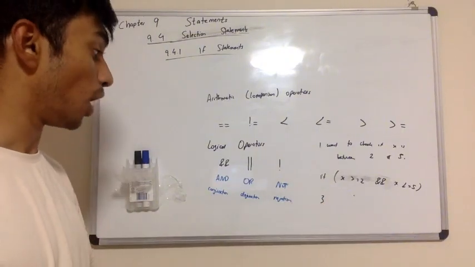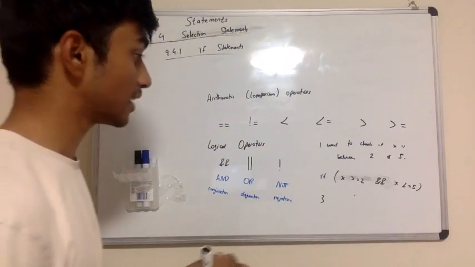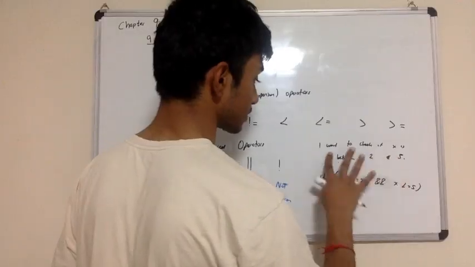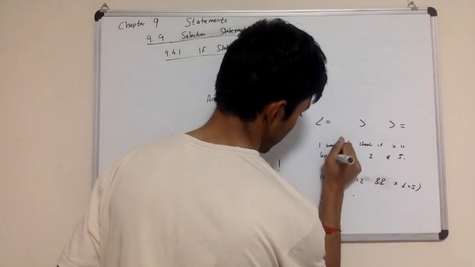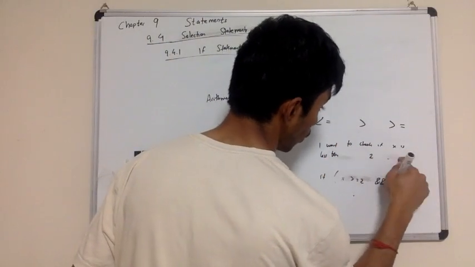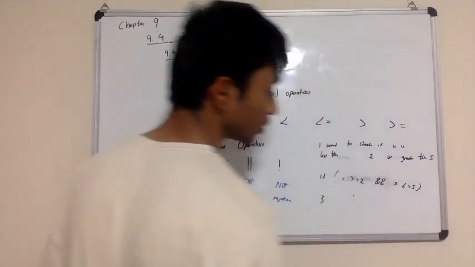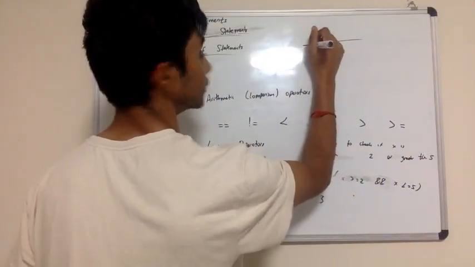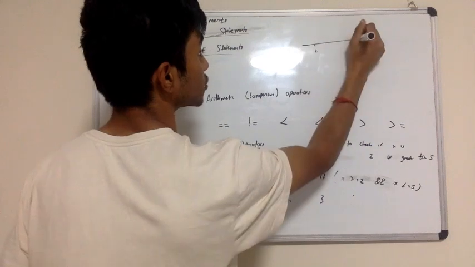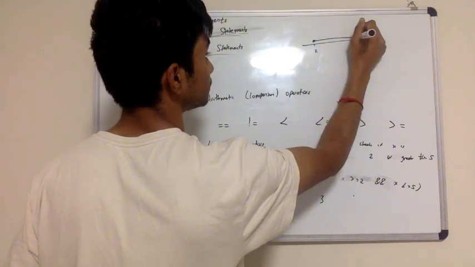Looking at the OR operator, let's say I want to check if x is less than 2 or greater than 5, right? So like before, if I have an underline, that's fine. Before I was checking if x was somewhere here.